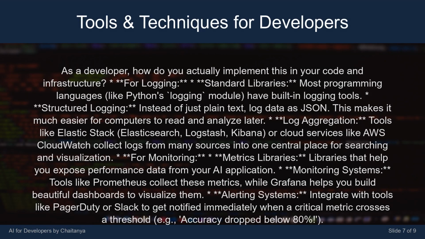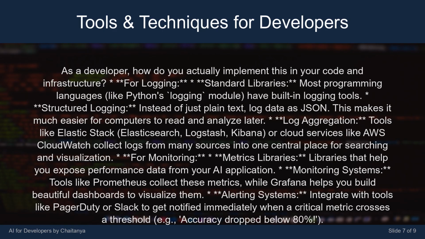As a developer, how do you actually implement this in your code and infrastructure? For logging, standard libraries. Most programming languages, like Python's logging module, have built-in logging tools. Structured logging. Instead of just plain text, log data as JSON.